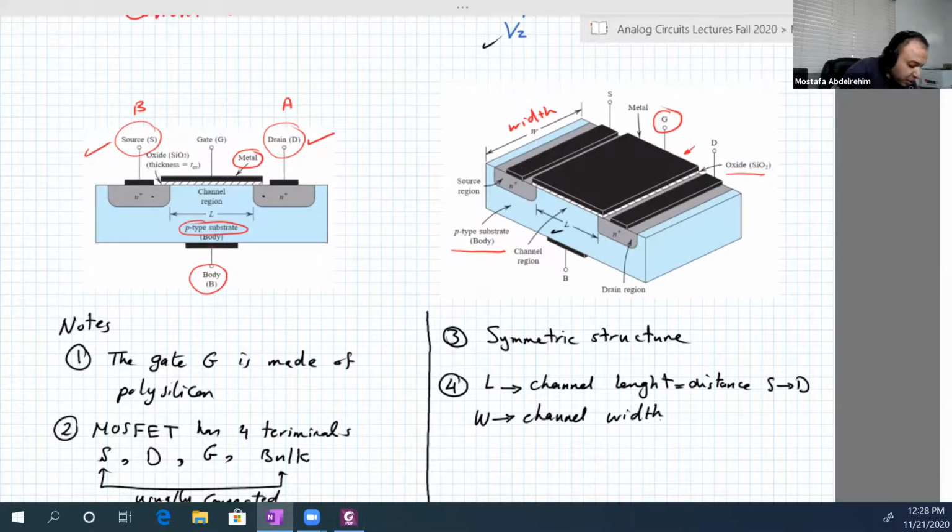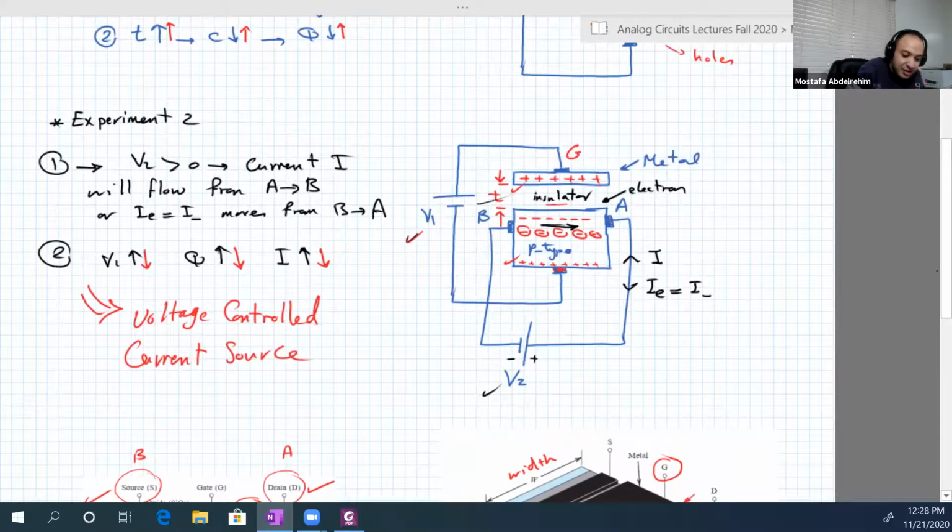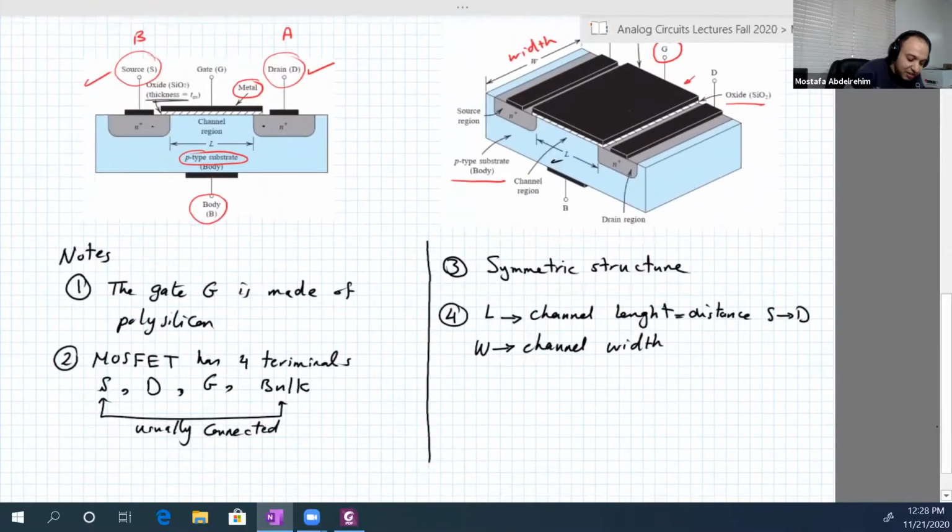Another parameter also is, as you see here, it's very small: the thickness of the oxide or the insulator, the distance between the two plates, T. We call it T ox. So T ox is the oxide thickness or the insulator thickness.